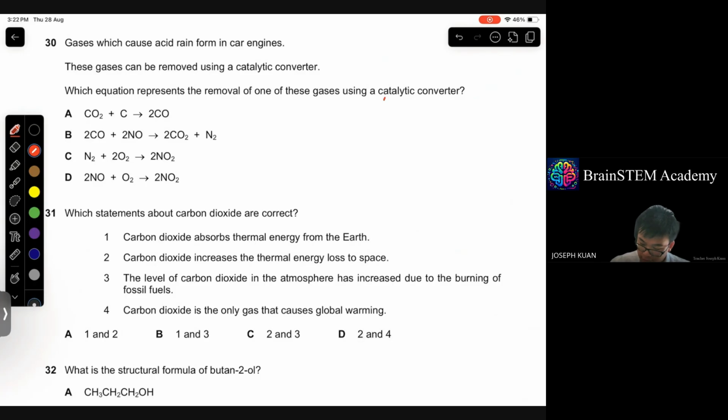Next, which item of apparatus is used to measure exactly 26.3 cubic centimeters of a liquid? Now, first of all, this is a liquid. We cannot use the gas syringe. Then we cannot use a volumetric pipette, because a volumetric pipette can only measure fixed volumes.